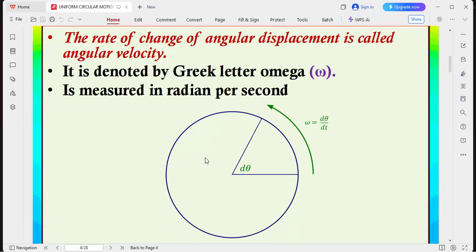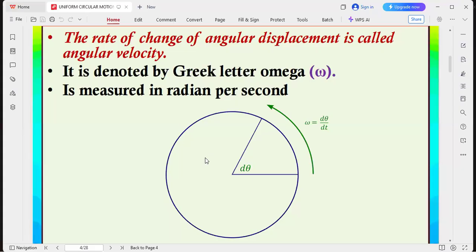Now, before we continue, you need to know that angular velocity can be written in so many ways. We have about 5 ways we can express angular velocity. The main formula for angular velocity, which you can note as Roman 1, is omega equals theta over time.